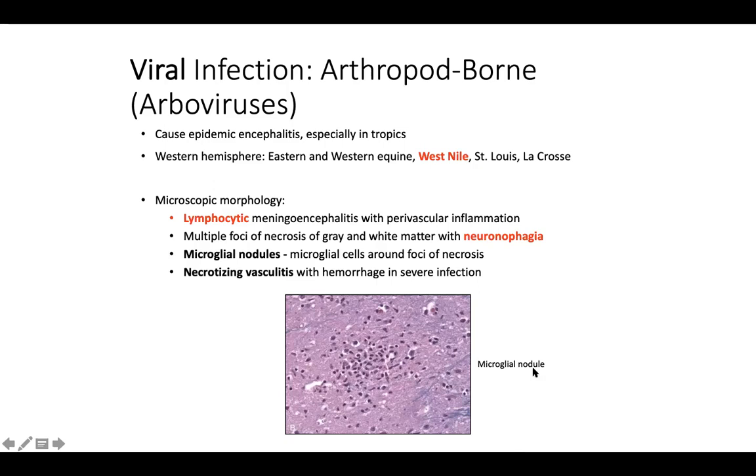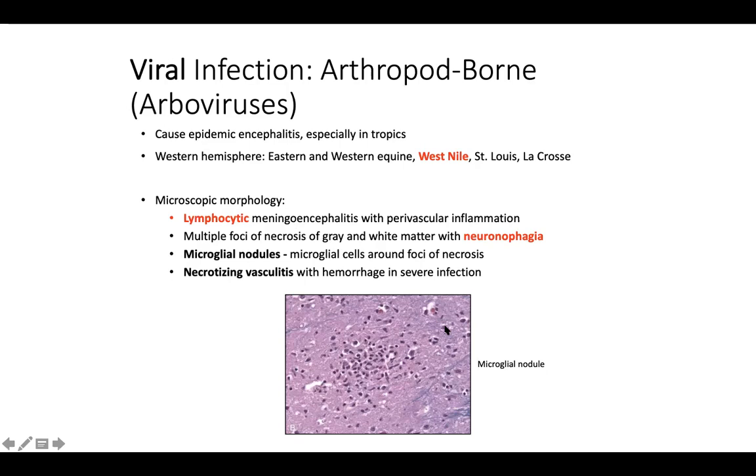Okay, arthropod-borne diseases are going to be things like Eastern and Western equine, West Nile disease, St. Louis, or La Crosse. These are all epidemic encephalopathies. Again, lymphocytic, they're going to have multifocal necrosis of gray and white matter with neuronophagia.